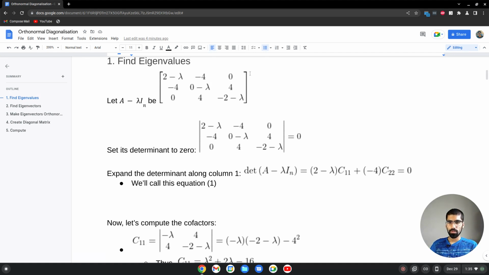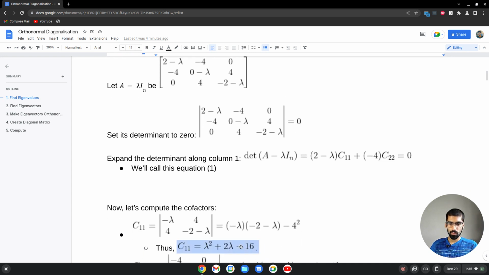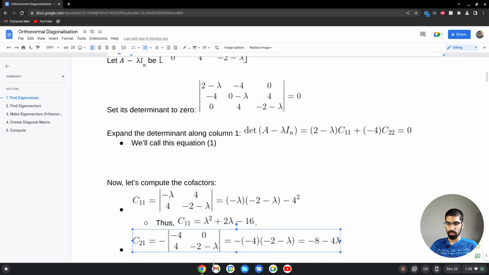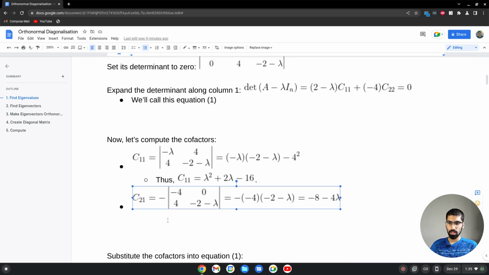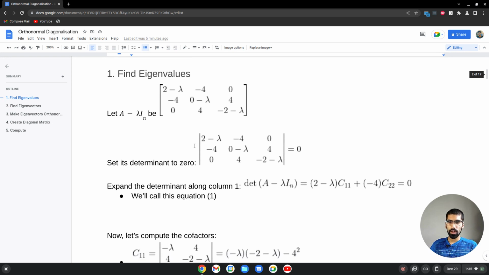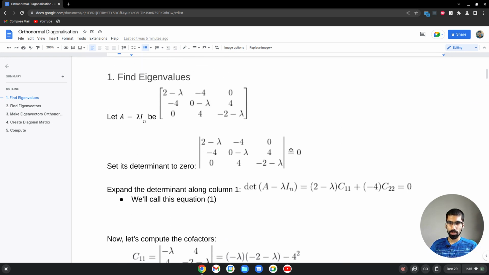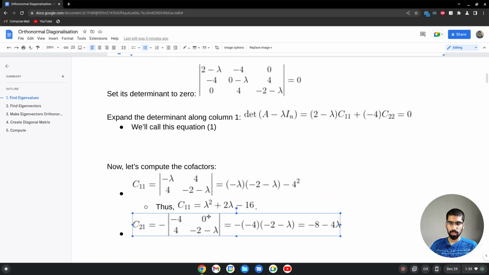And I just knock out row 1 and column 1 to compute the remaining determinant, and I get this. Simplify a little bit, and then move on to the second cofactor. Again, this time 2 plus 1, that's odd, so I know that I need a negative sign in front. And I'm just going to knock out row 2 up here and column 1, and then compute the determinant of the remaining entries.